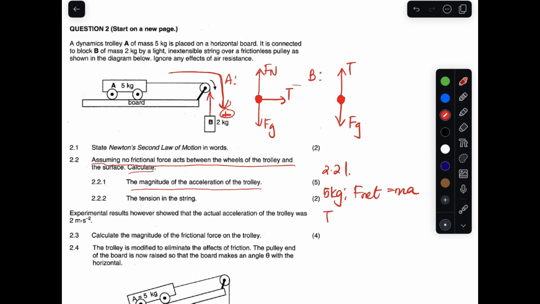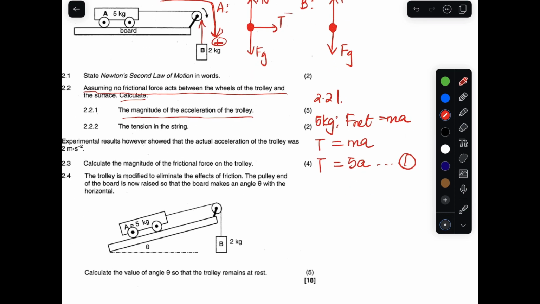So the tension is equal to ma, the mass is 5, so T equals 5a, and that's all we have. That's equation 1. And then let's go to the 2 kg, equation 2.